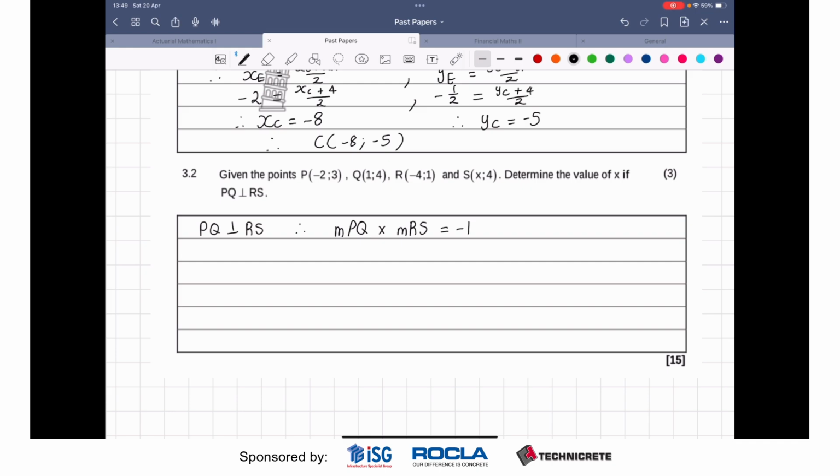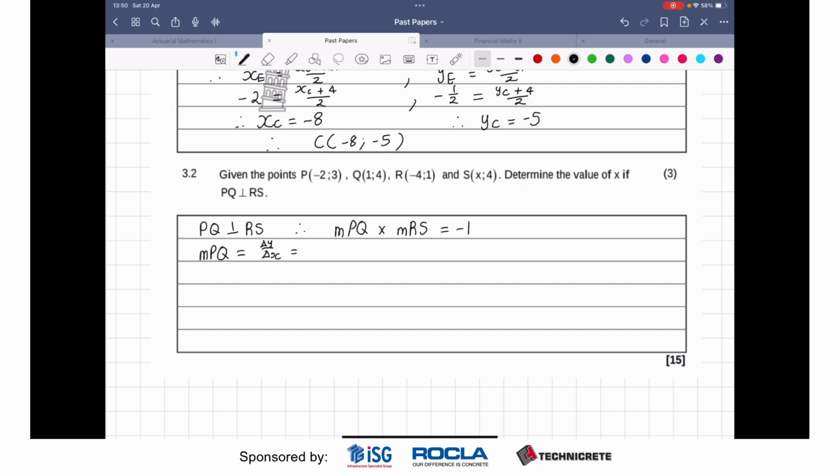Alright, so I know all of the values for P and Q, but I don't know all of the values for R and S. Remember, the x value of S is missing, which is what we're trying to find out. So I'm first going to find the gradient of PQ because I have all the information that I need. So again, just using the gradient formula, it's change in y over change in x.